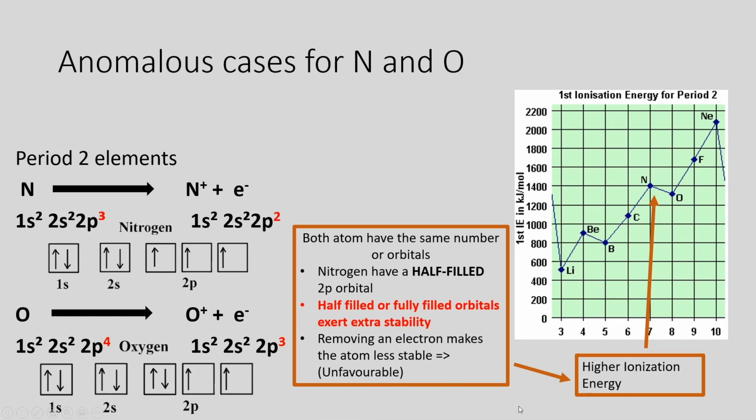So untuk oksigen, it is lower energy. Lagi senang nak buang satu elektron dekat oksigen daripada nak buang satu elektron dekat nitrogen. Sebab nitrogen kita kena buang yang happy half fill ni. Kalau oksigen is easier nak buang this unhappy partially filled orbital. Boleh?